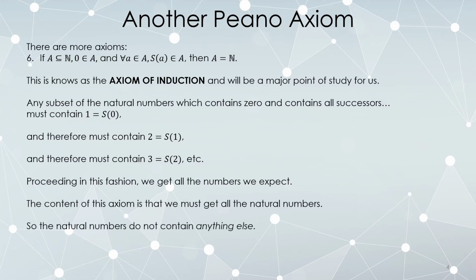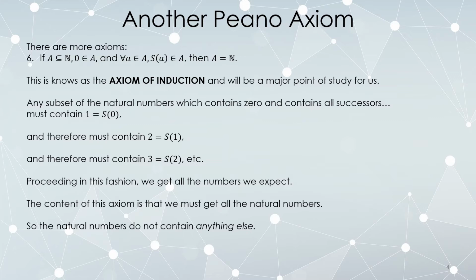Now, we already knew the natural numbers had to contain all of these successors. What this axiom tells us is that if all you do is have a subset that has 0 and has successors, you actually get all the natural numbers. In other words, this process of going 0 is followed by 1, is followed by 2, is followed by 3, and so forth, that gives you all the natural numbers.